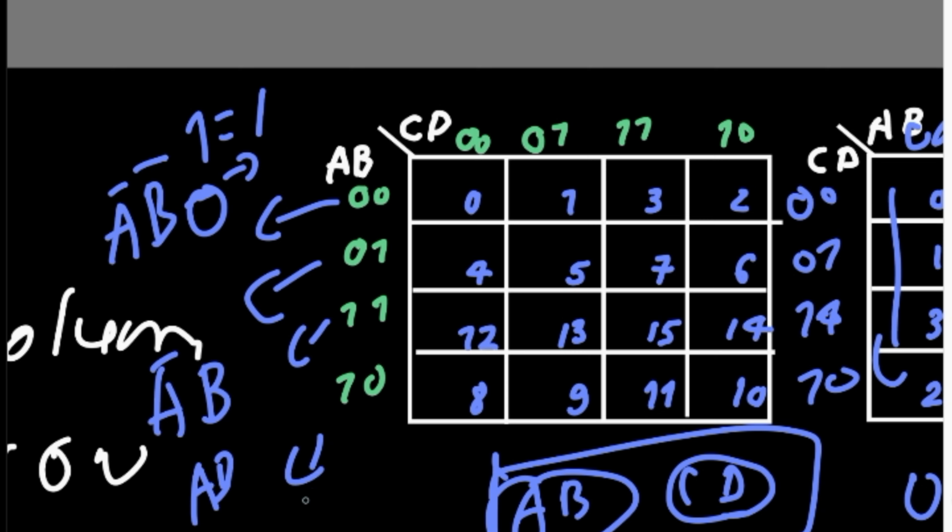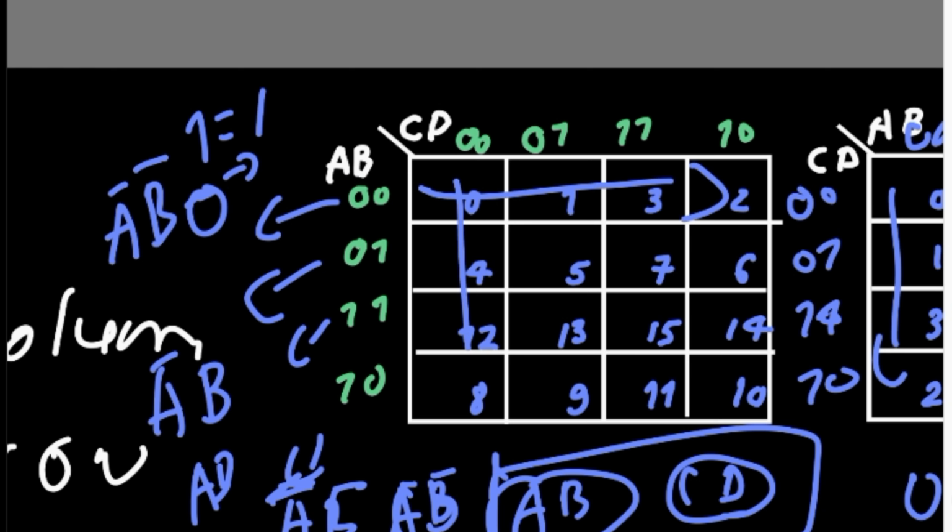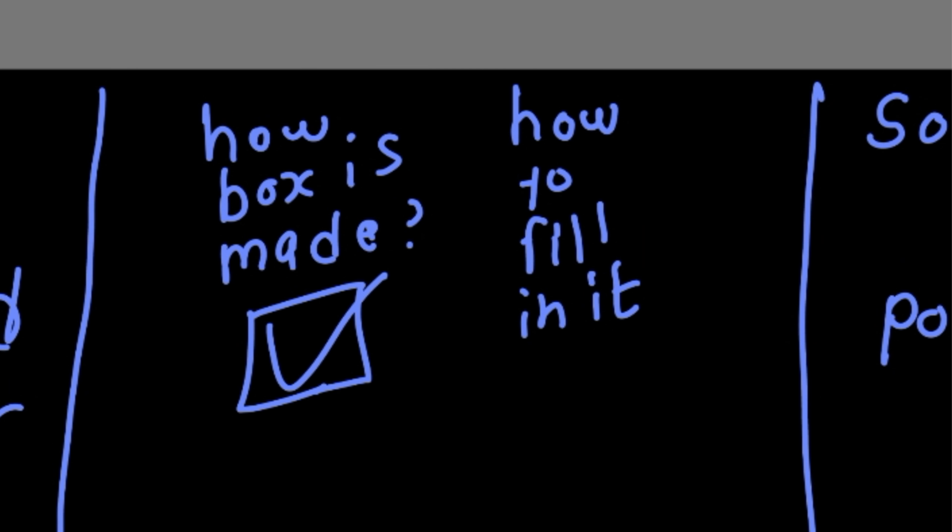When you say 1 and 0, we are saying A and B complement. When you say 0 and 0, we are saying C complement and D complement. AB is this, CD is this line. So now we know how the box is made. Now let's learn how to fill the box.